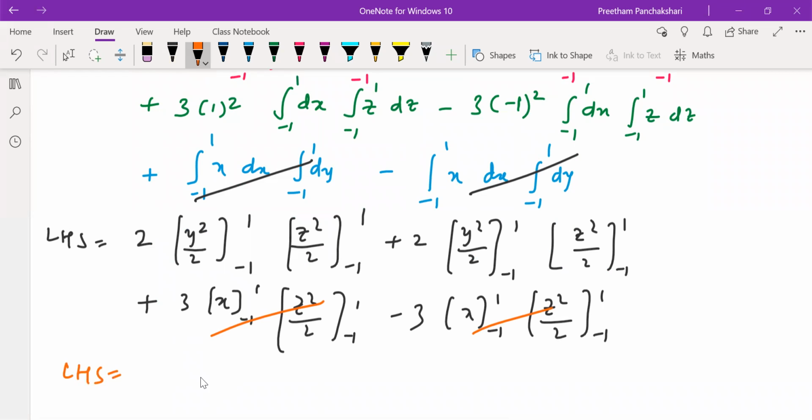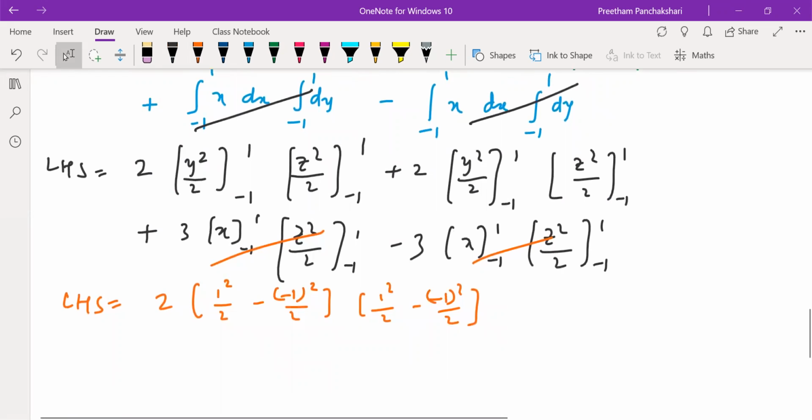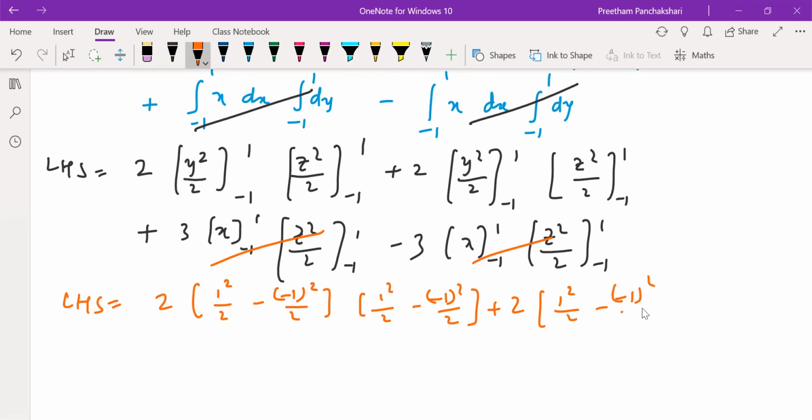So now here 2, apply the limits. 1 square by 2 minus -1 square by 2. Z also the same thing, 1 square by 2 minus -1 square by 2. Plus 2 into again 1 square by 2 minus 1 square by 2.